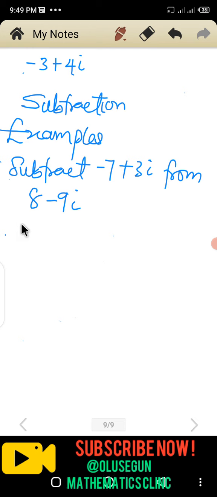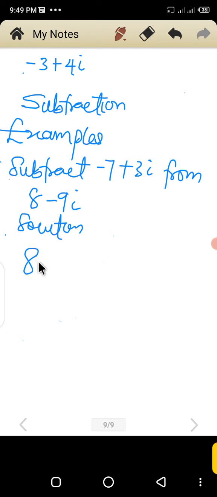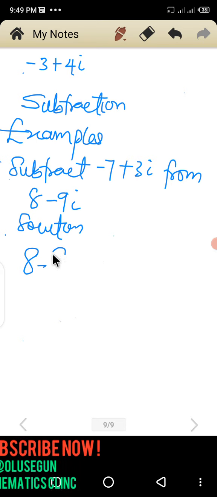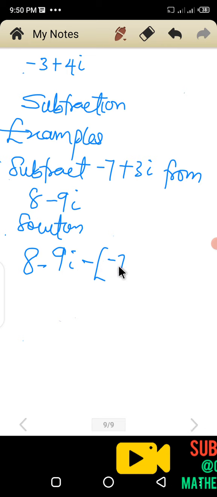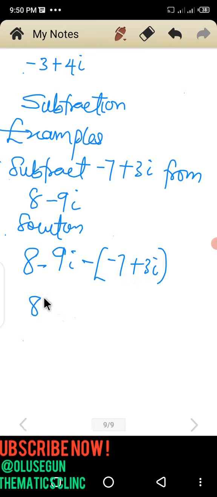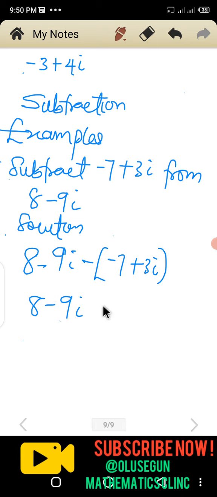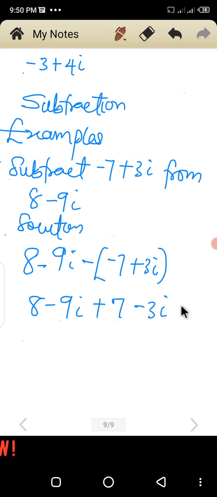So automatically it will give you 8 minus 9i minus bracket open minus 7 plus 3i, which will be 8 minus 9i plus 7 minus 3i.